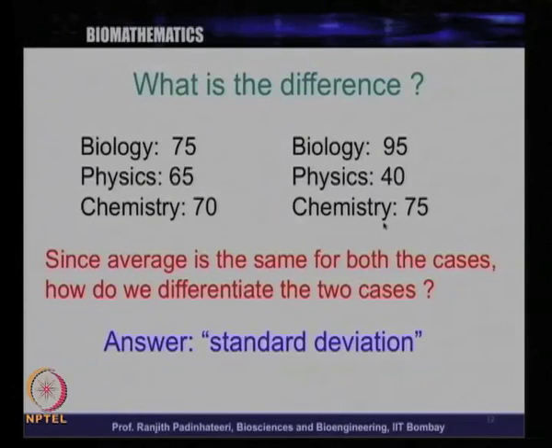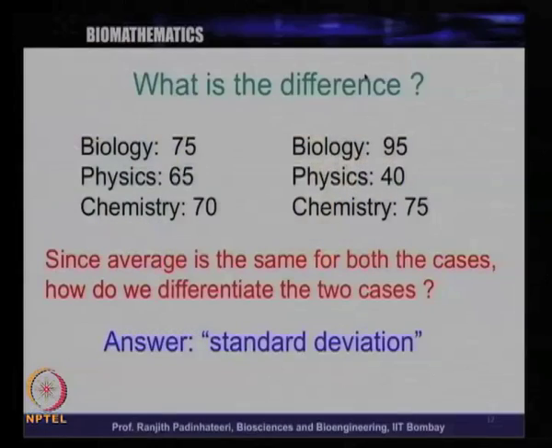So, even though the data is different, the average is the same. So, by just telling somebody that I got average 70 marks, that does not mean a lot. It does not tell you much more information, it hides a lot of information. Just stating the average alone will hide a lot of information. It is not telling you the complete story.